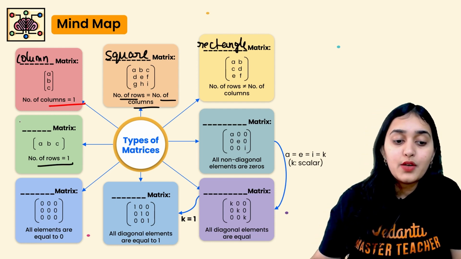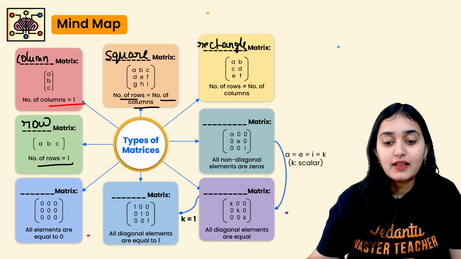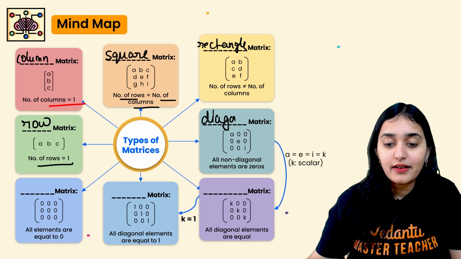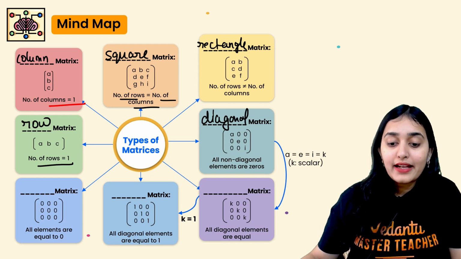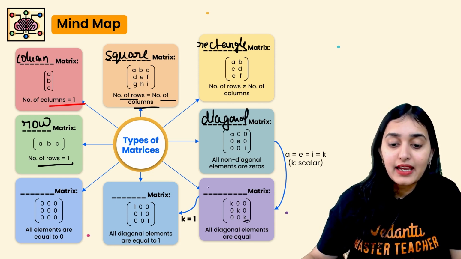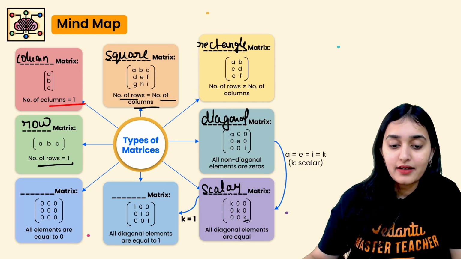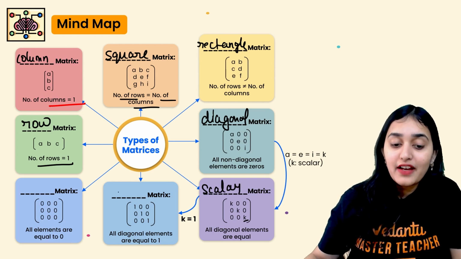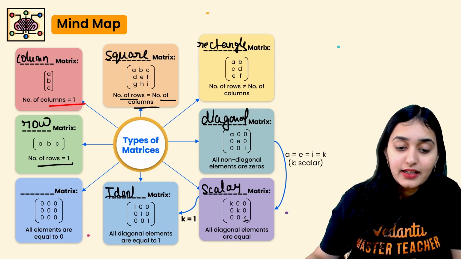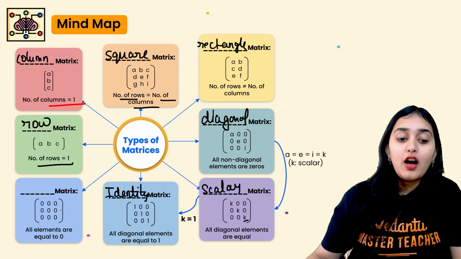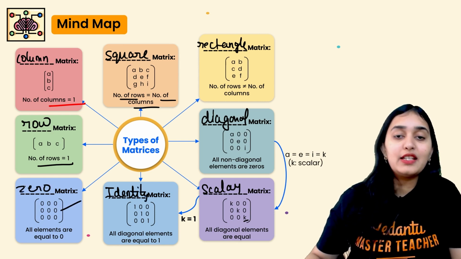Number of rows is equal to 1, row matrix. All non-diagonal elements are 0, diagonal matrix. All diagonal elements are the same, k, k, k, so it is a scalar matrix. All diagonal elements are 1, 1, 1, so it is an identity matrix. All elements 0, so it is a 0 matrix.